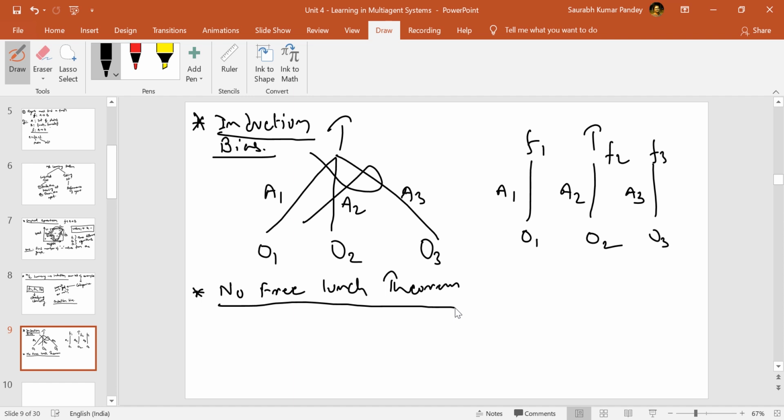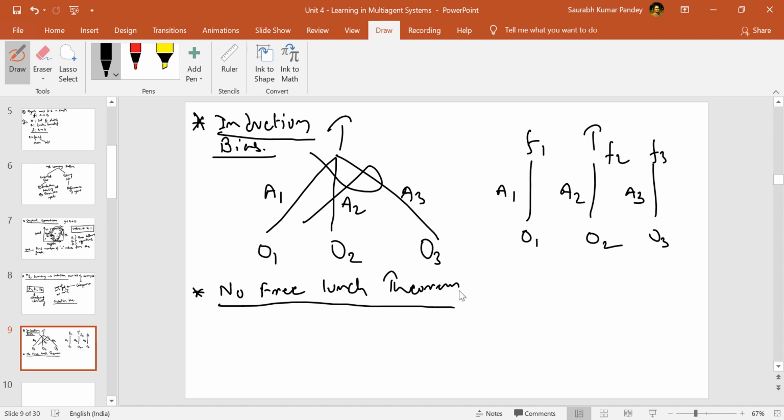Now what the no free lunch theorem says is that if you have a problem, okay, and if you have different algorithms, okay, and if one algorithm outperforms all others, then it cannot be categorized as the no free lunch theorem.